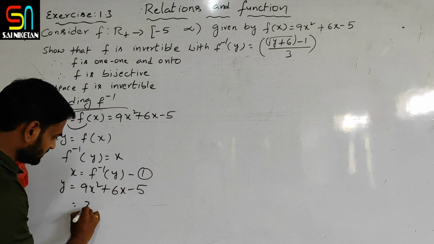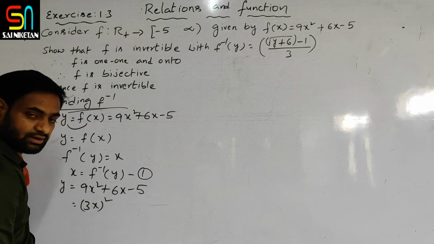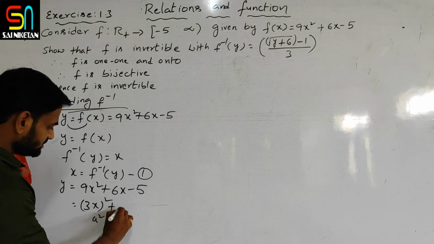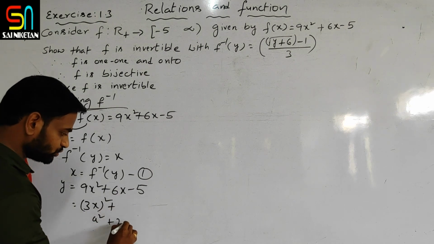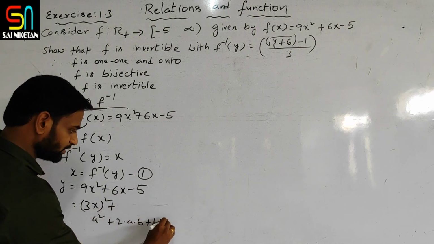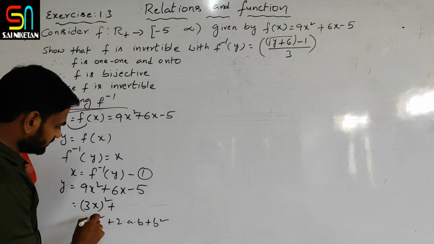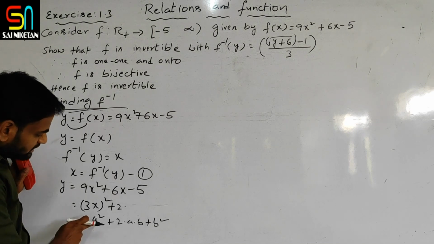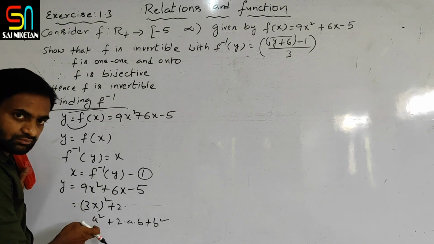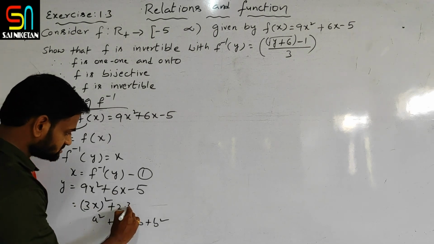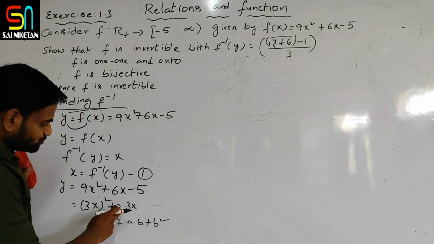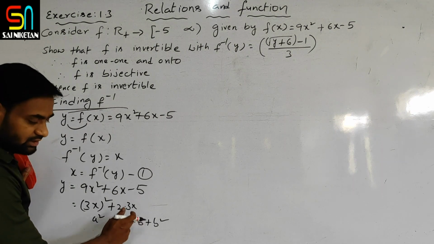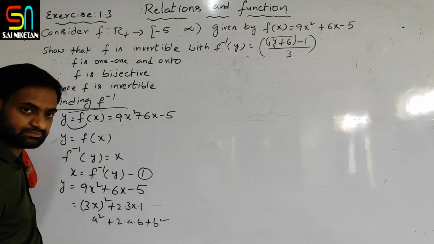We can write this as 3x whole square, that is a square, plus I am adding, the format is 2ab plus b square. Now here a square and 2ab are the same. Now what is the a value here? A value is 3x. So 2 into 3x, 6x, we already got, but we have to find b. That's why I am adding 1.